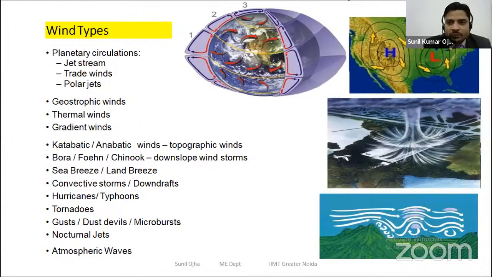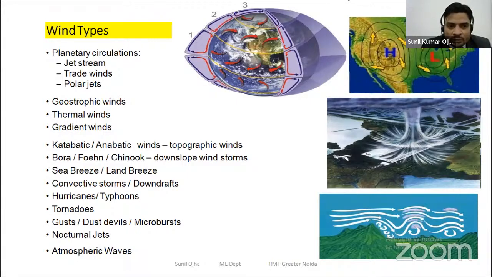There are different types of wind. First, the planetary circulation of wind: the equator has maximum solar radiation, and as we go toward the poles the sun's intensity is low, which creates a pressure difference and the planetary circulation of wind.